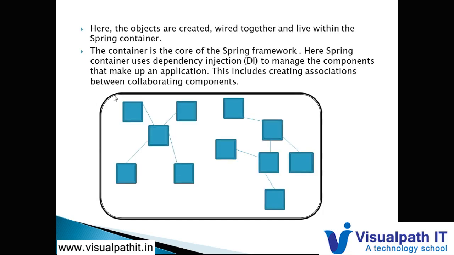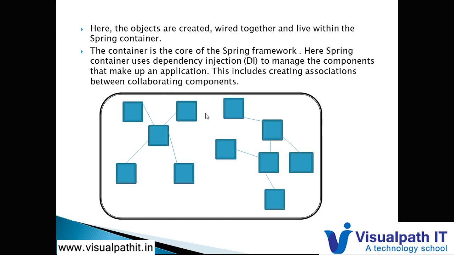So let's imagine this in diagram form. See, let's imagine this is a container within which we have these objects. The blue colored squares are the objects. These objects are created, wired together and live within the Spring container.